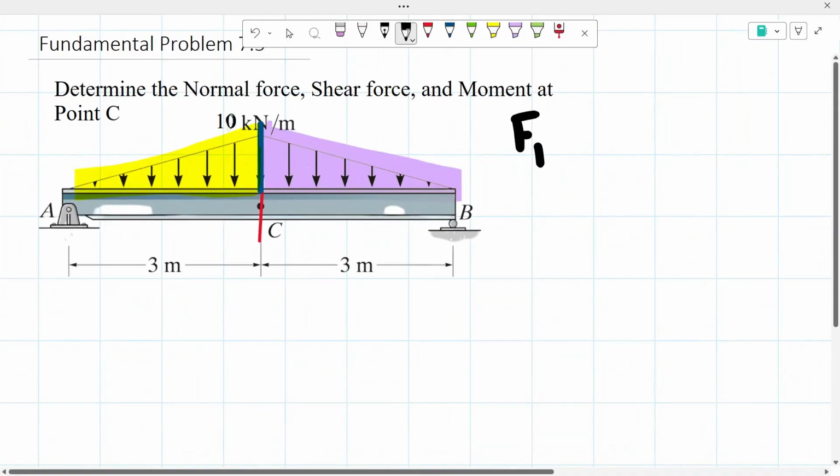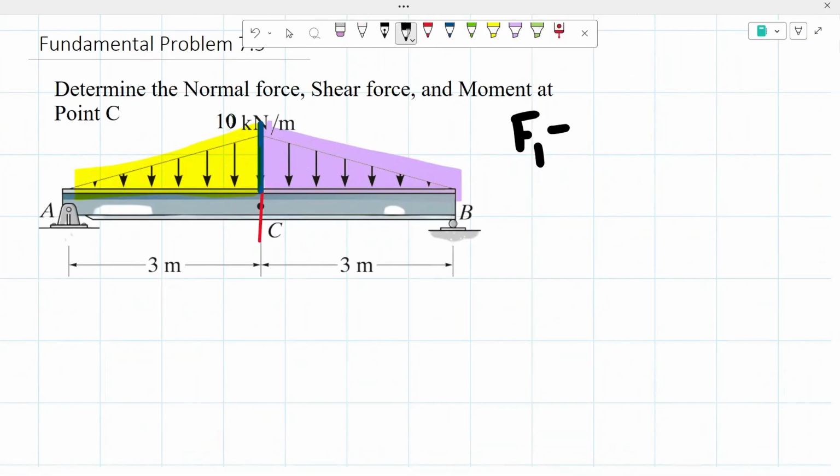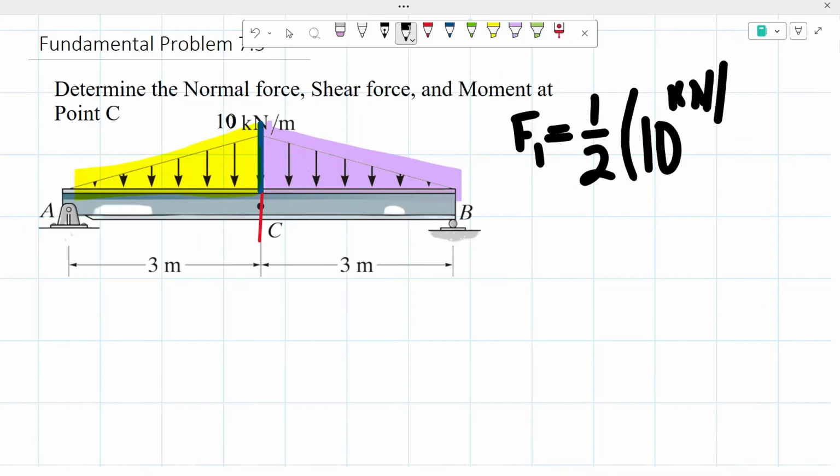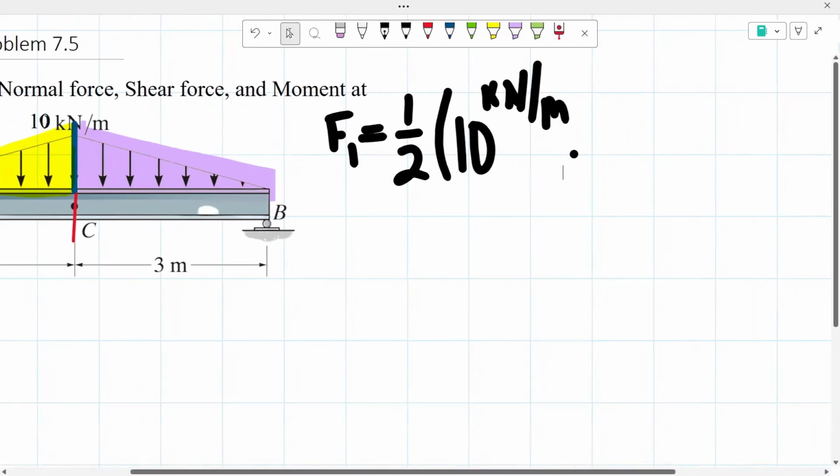Since a right triangle is half of a rectangle, finding the concentrated force is basically finding the area of a right triangle, which is 1/2 times the highest point of our triangle, which is given to us as 10 kilonewtons per meter, multiplied by the span of 3 meters.